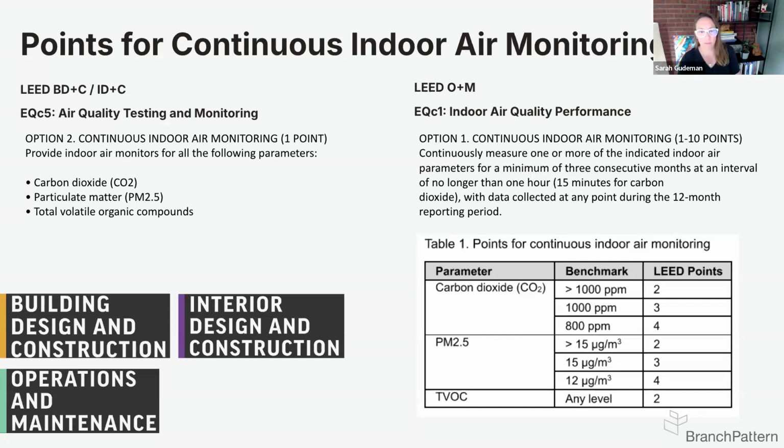And then on the O&M side, this Option 1 for continuous air monitoring has 1 to 10 points. You have to continuously measure one or more parameters for a minimum of 3 months. This is all on the slide, but I'll read it out because it's worth it: a minimum of 3 consecutive months at an interval of no longer than 1 hour, or 15 minutes for carbon dioxide, with data collected at any point during the 12-month reporting period.